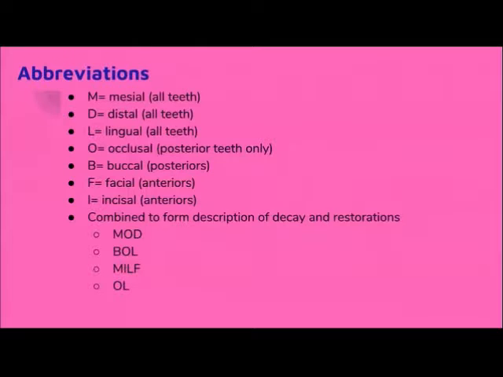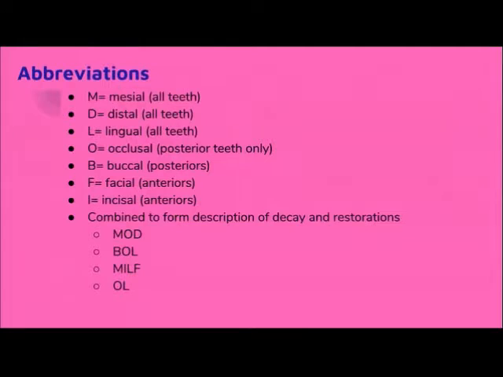So every tooth has a mesial surface. I look at this one tooth and I say, which side of this tooth is closest to the midline? Well, the midline is here. So the side of the tooth that's closest to the midline is this side, right in here. The side that's furthest away from the midline is this side right here.